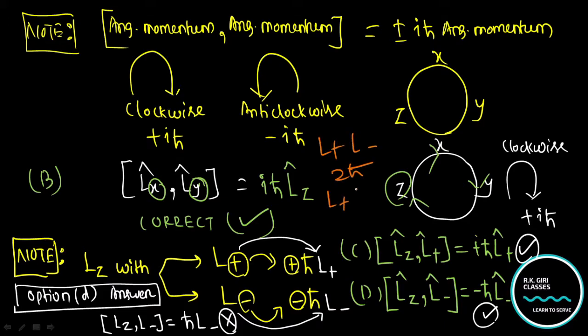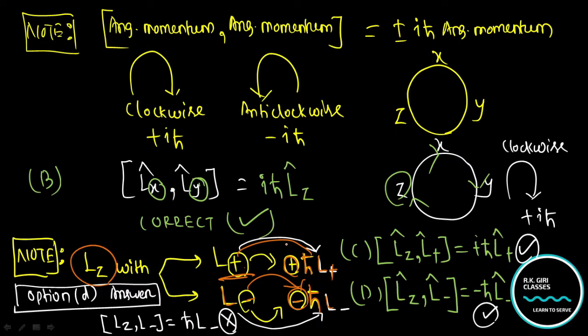When either L plus or L minus will be used, then h cut was used. You already remember that. That is Lz with L plus, that means here this is plus, that's why plus h cut, and just copy paste, that is L plus. If Lz with L minus, just put negative here, and already I told you h cut will be there, just copy paste, that is h cut L minus, right?